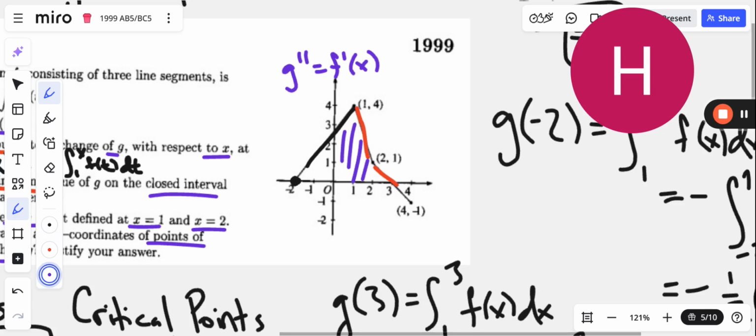So even though the derivative changes a little bit, that just means that the amount of area that's accumulating is different, but it's still positive accumulation of area. We're still adding more area. Whereas when we hit x equals 1, we were adding a lot of area, and now we're still adding area, but we're adding less.